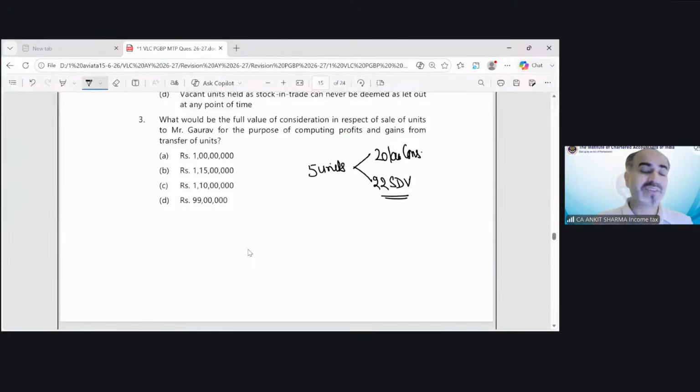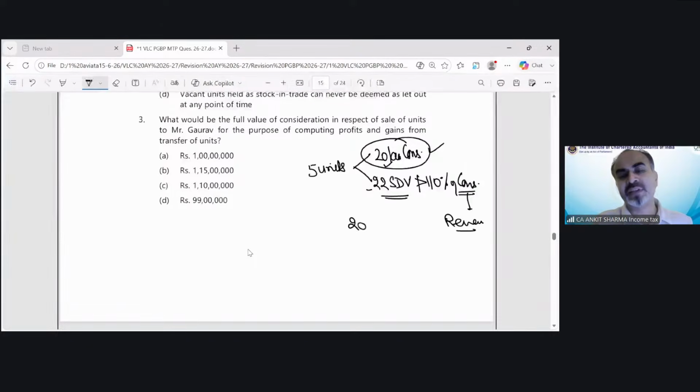Now the provision says, if the stamp duty value does not exceed 110% of your consideration, then the consideration will become your actual price. That would be considered as your revenue. In this example, you can see the stamp duty value does not exceed 110% of the consideration value. So this value will be the sale consideration price for the purpose of this property.